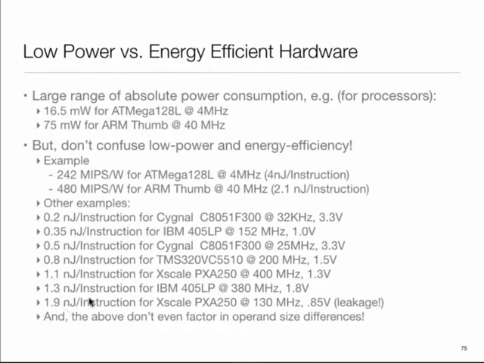On the other hand, by the time you hit some of the ARM processors or IBM PowerPC type processors, we are into 1 to 2 nanojoule per instruction territory, so 5 to 10x worse. And again, in these numbers, we are not factoring in the operand size difference. This one is an 8-bit processor, whereas these guys are 32-bit processors. So that difference will certainly show up also.